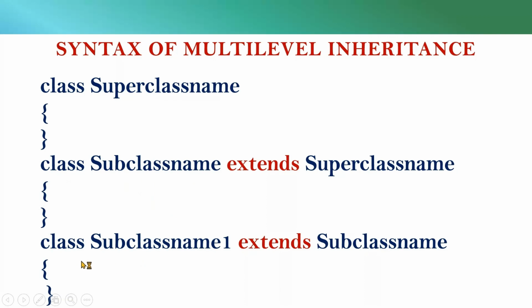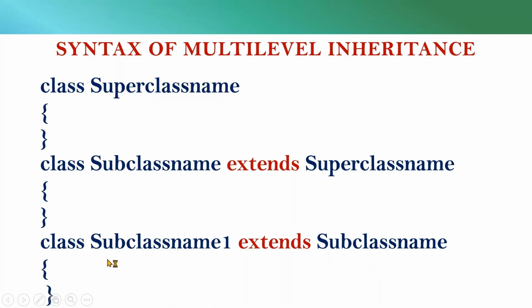Now coming to the next level, again we use the class keyword followed by subclass name 1, and it extends the features from the subclass. So whatever the derived class is there, that you need to write here, and this is becoming the subclass for this derived class. So one subclass derived from another derived class is the concept of multi-level inheritance.